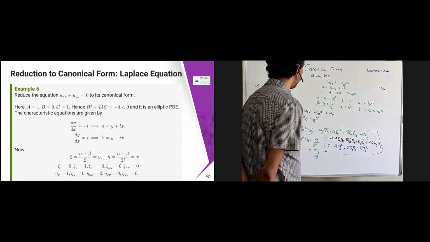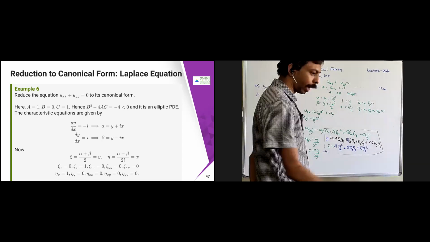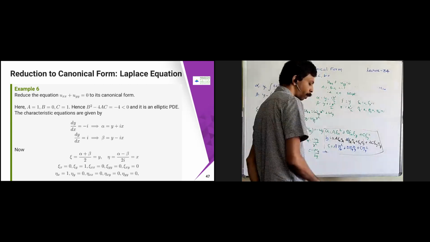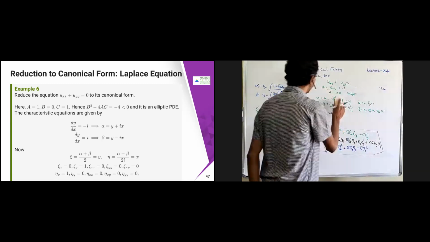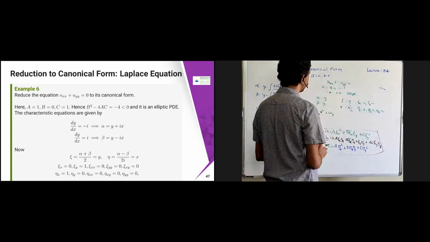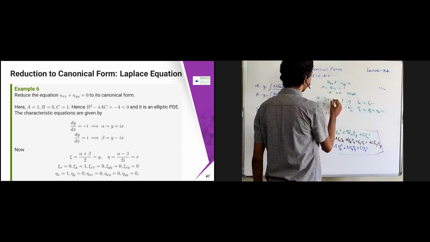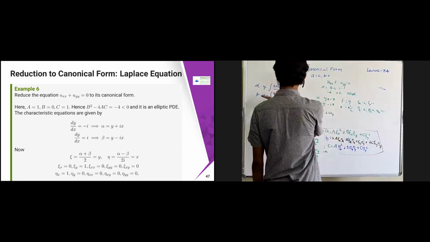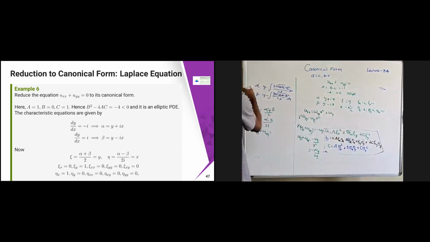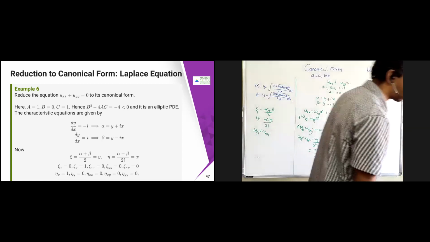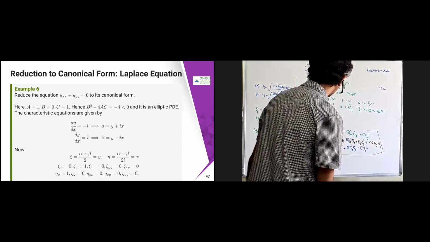Okay, so now what we have, here I have chosen y plus ix. Okay, so here I can just write this as y plus ix and y minus ix because it doesn't matter. Right? Either you choose this one as alpha or this one as alpha, it doesn't matter for you. You are going to get the same answer.